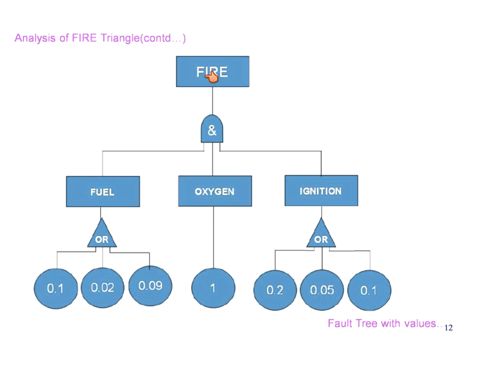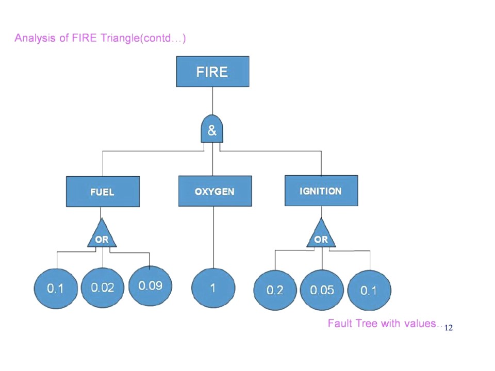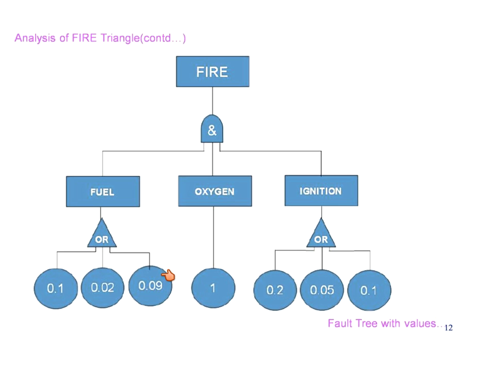You see, the fire triangle happens like this. First, fire. The fire happens when there is fuel and oxygen and ignition. Fuel happens because of solid, liquid, gas. Gas is 10%, so 10% divided by 100 gives you 0.1. Solid is 0.02, and the liquid is 0.09.